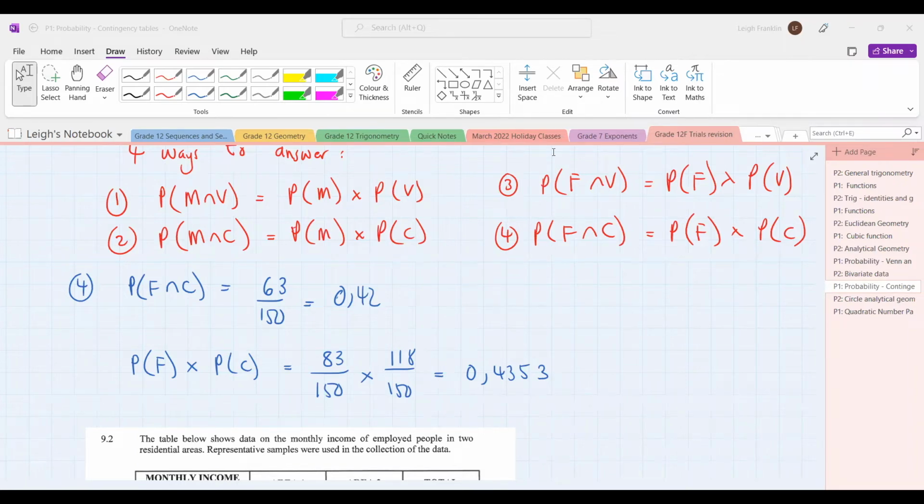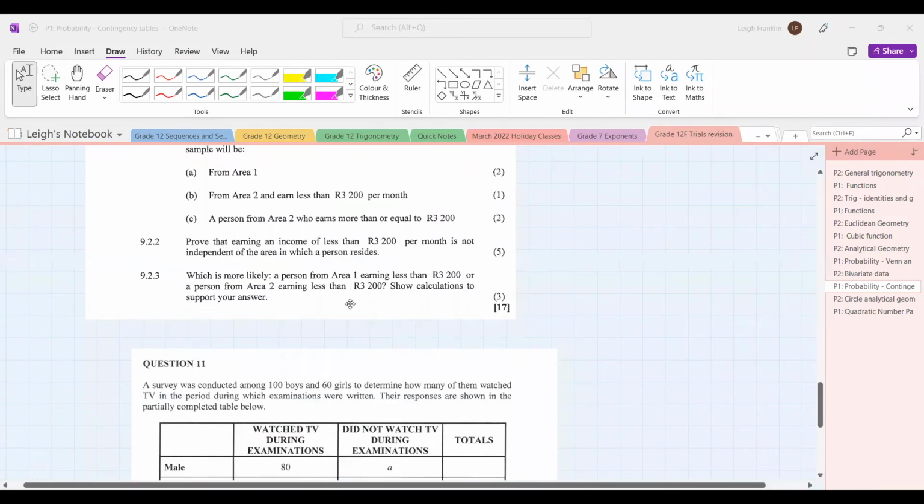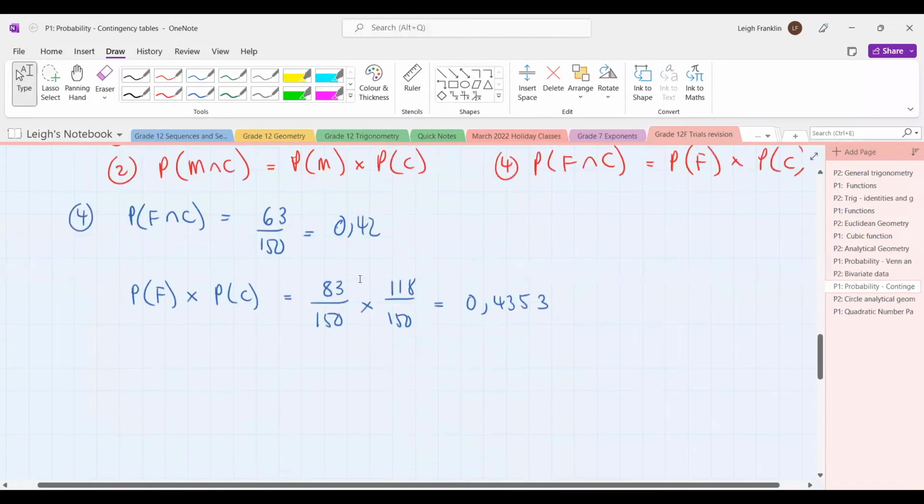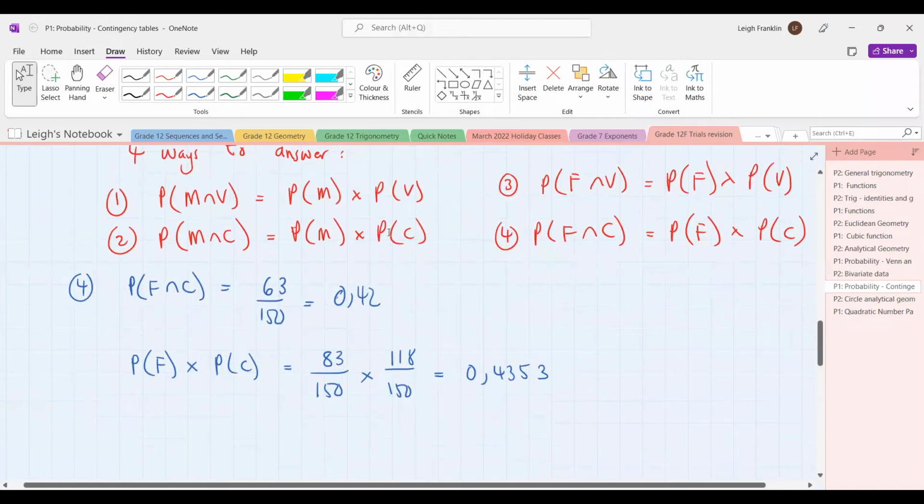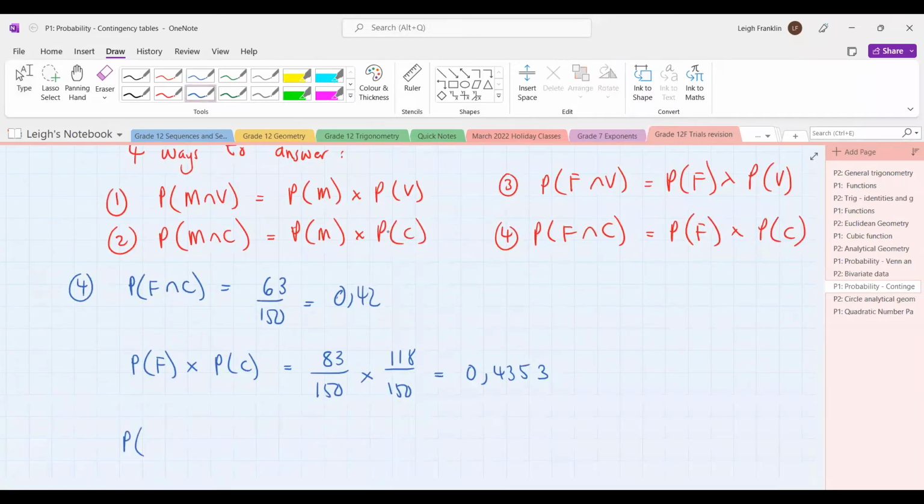So we would now need to make a conclusion based on this. So what we would say now is that the probability of someone being female and choosing chicken does not equal the probability of someone being female times the probability of someone choosing chicken.